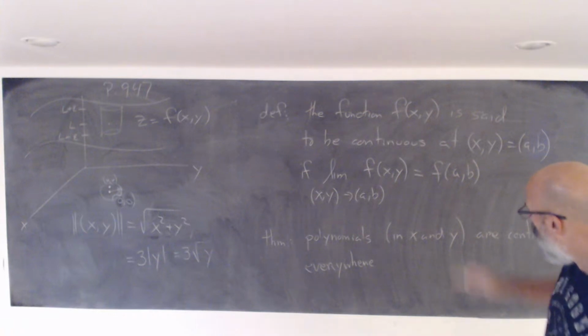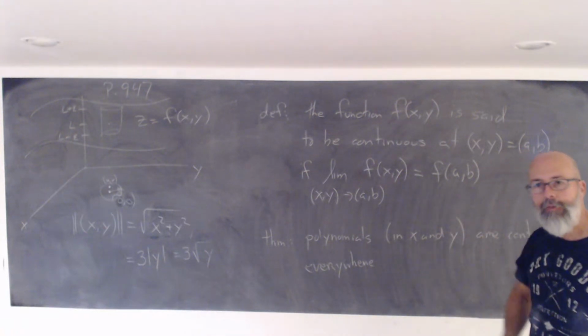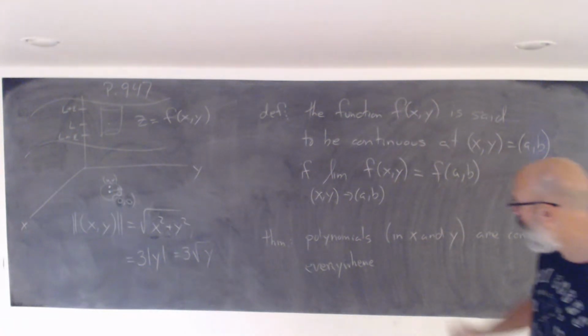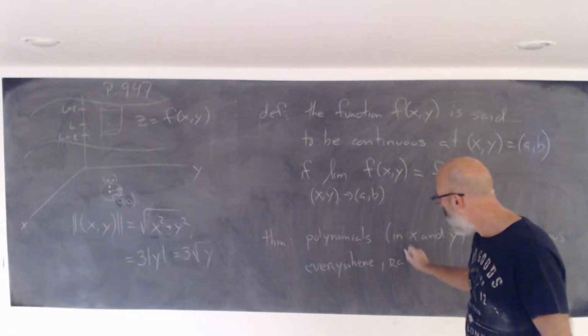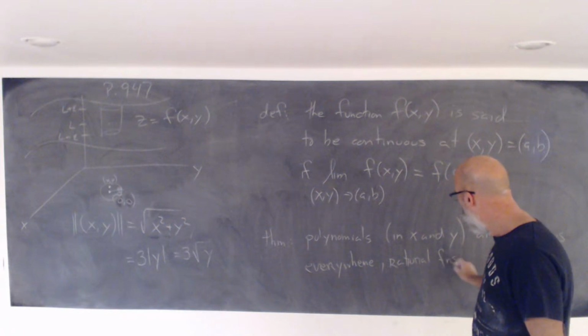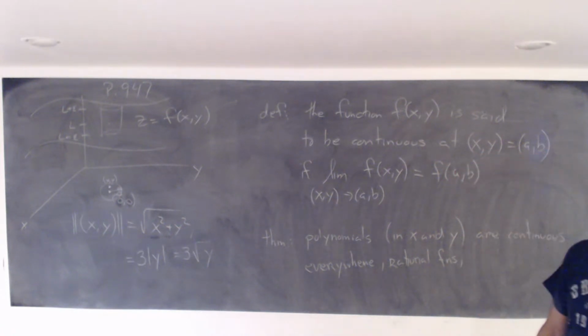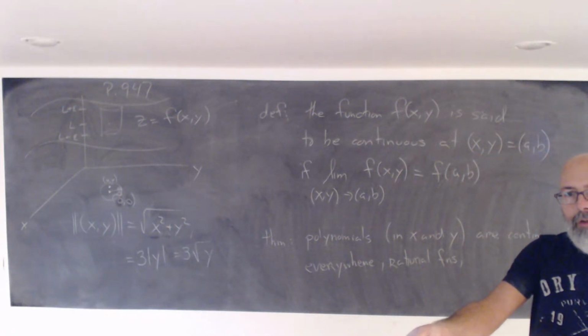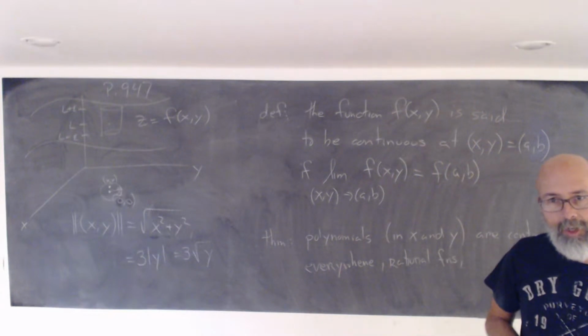Rational functions, one polynomial in x and y divided by another polynomial. Exponentials, in one variable you know to be continuous.